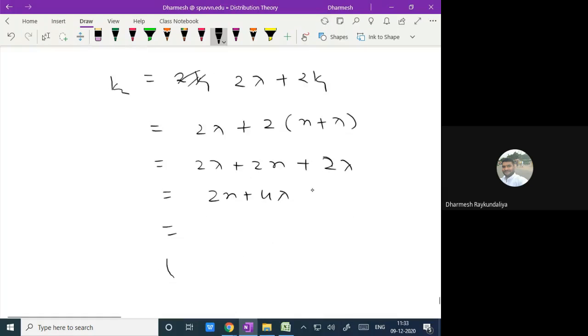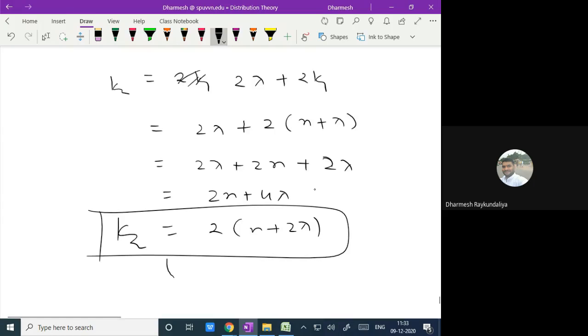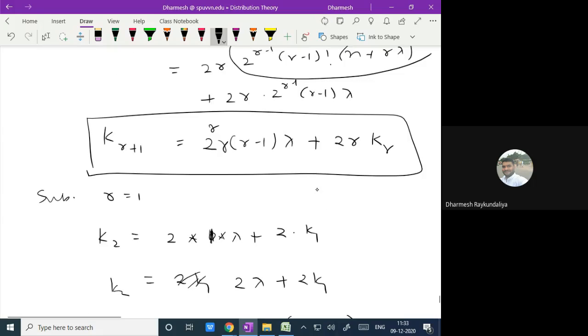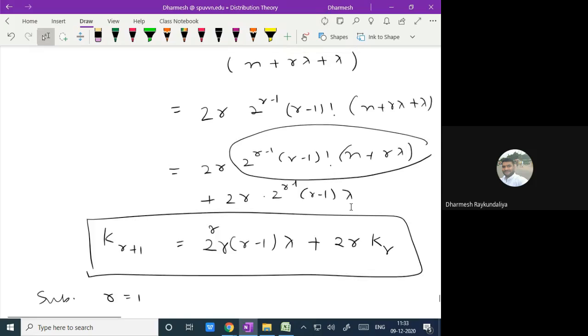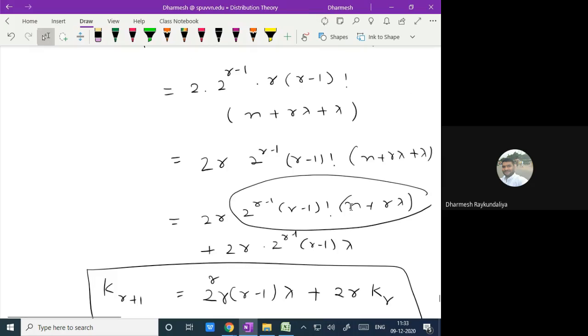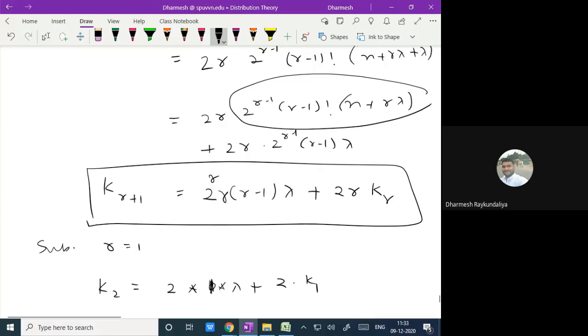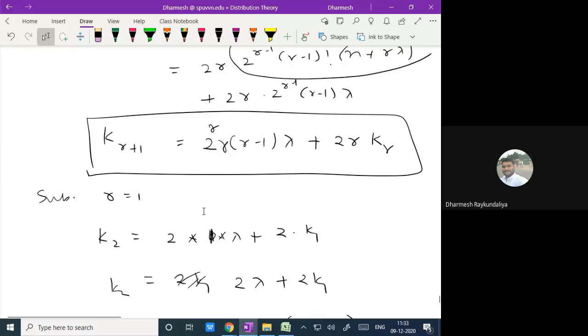It is twice into n plus 2 lambda. K2 equal. Okay, so it is 2 raised to r into r minus 1 lambda. And here 2r is also there. Okay, so this is the cumulant recurrence relation for a non-central chi-square distribution.